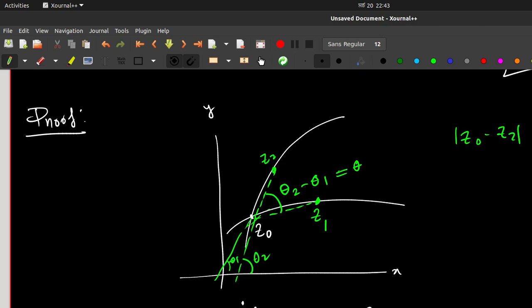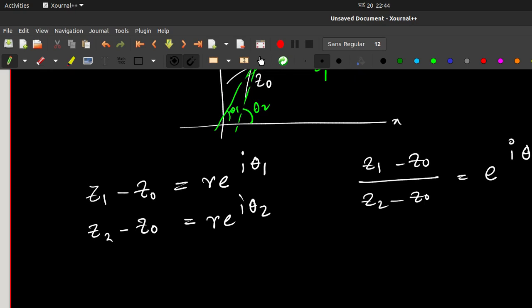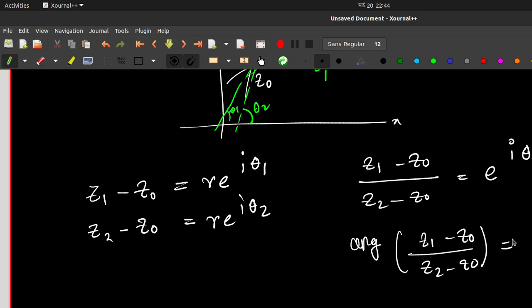If you divide these two, you get z2 minus z naught over z1 minus z naught as e to the power i theta 2 minus theta 1, which we write as e to the power i theta. So now, from here you can see that the argument of this quantity, z2 minus z naught over z1 minus z naught, is just theta.